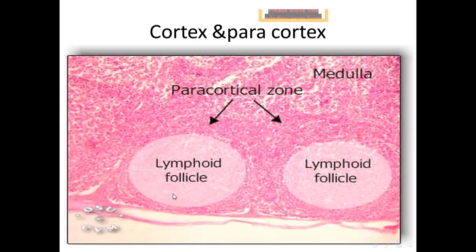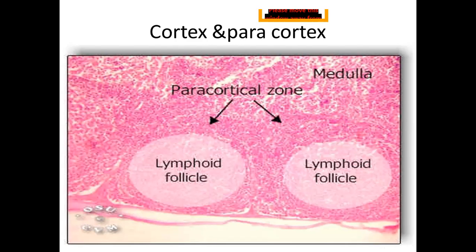Germinal centers have three zones. These are the lymphoid nodules, secondary lymphoid nodules, because they have a germinal center, and the germinal center is divided into three zones: the dark zone, the basal light zone, and the apical light zone. The dark zone is the site of intense proliferation of closely packed B cells, and these cells are known as centroblasts.